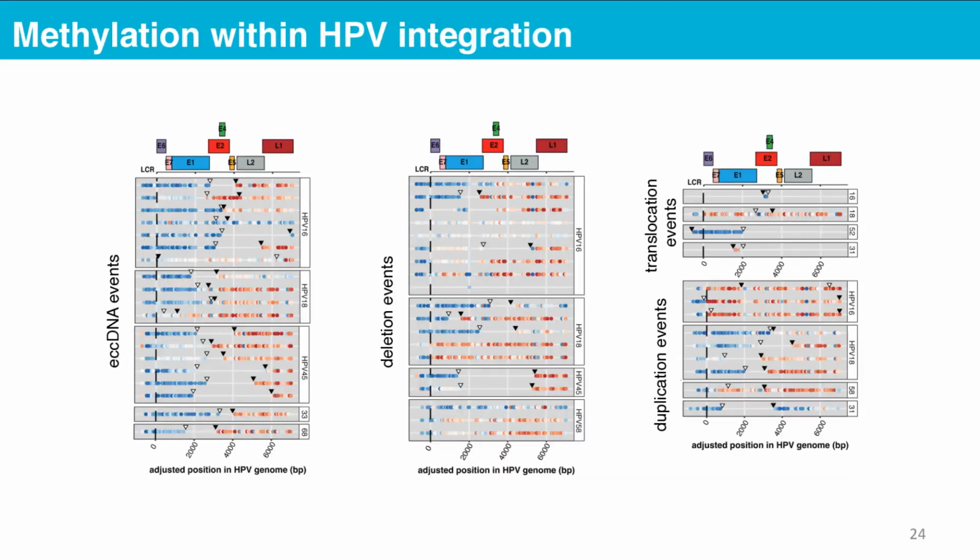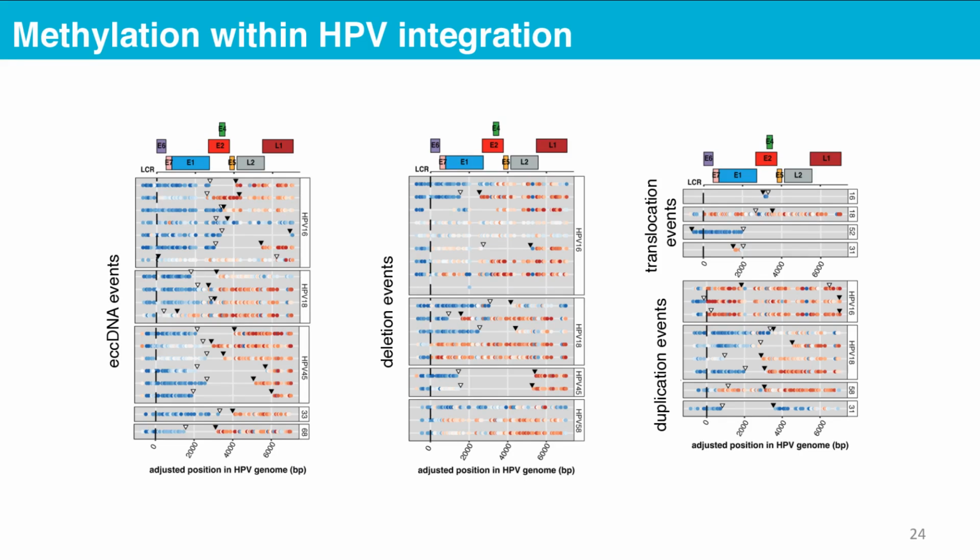So here are the results of the methylation across the HPV genome. And here are different types of events. So I have all the eccDNA events shown together, the deletion events, translocation events, and duplication events.